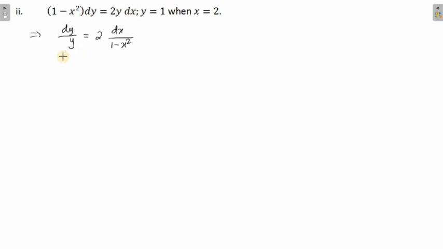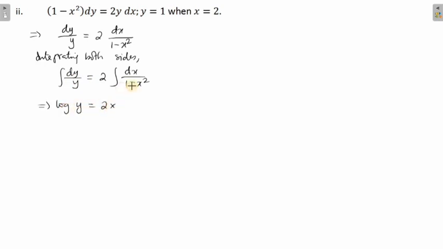Now you can directly integrate here. So integrating both sides, we get integral dy by y equals 2 times integral dx by 1 minus x square. Now see, this is simple, this is log y. So we have 2 into, can I write this as 1 square minus x square?